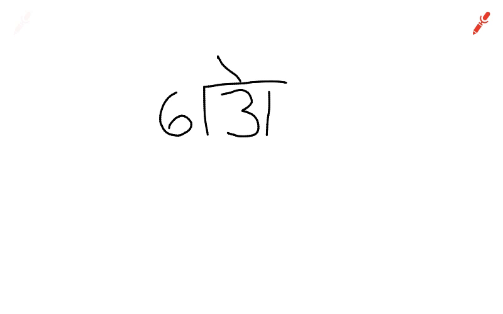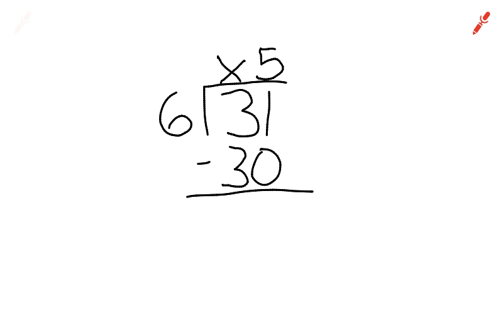D, 31 divided by 6. Does 6 go into 3? No. 3 is too small, so we put our X there. Does 6 go into 31? Yes. 6 times 5 is 30. We now subtract, and we're left with 1.